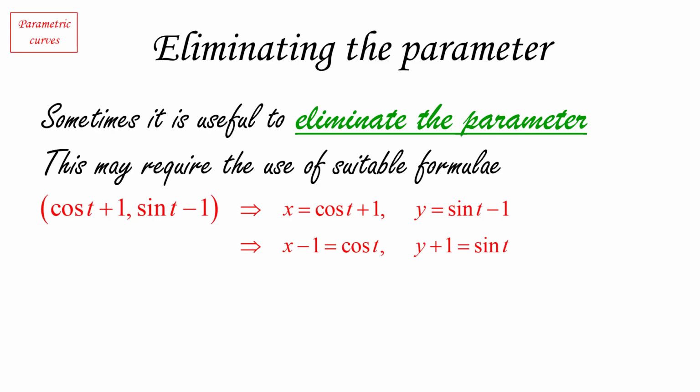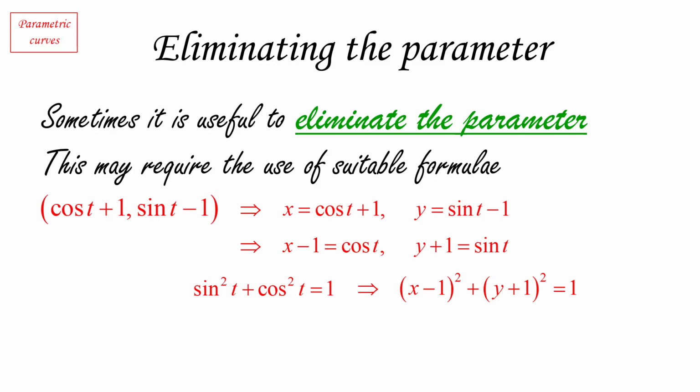But we know how sine t and cosine t are related for any number t, namely the Pythagorean identity: sine squared t plus cosine squared t equals 1. So what I can do is change sine t to y plus 1, cosine t to x minus 1, move things around a little bit, and end up with this particular equation. So now notice once again that this equation does not have any t's, so we're back in the usual formulation.